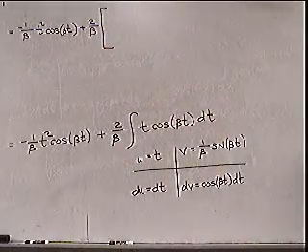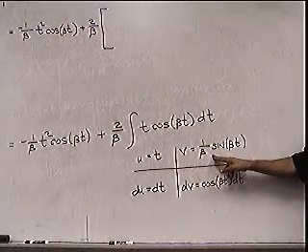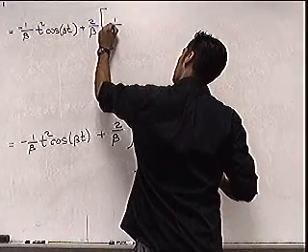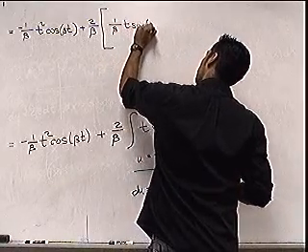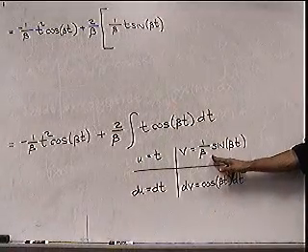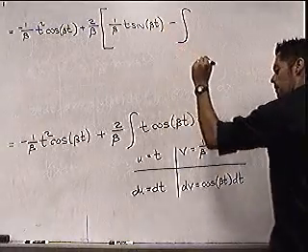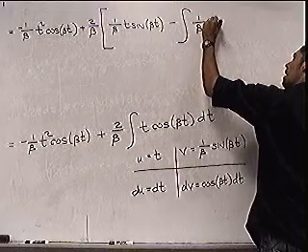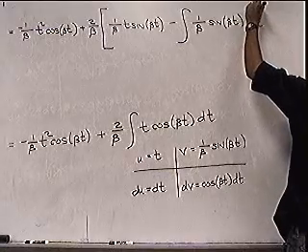What's uv? t times this, so I'm going to put that 1 over beta in front of the t. So 1 over beta t sine beta t. That's uv. Minus the integral of voodoo, 1 over beta sine beta t dt.